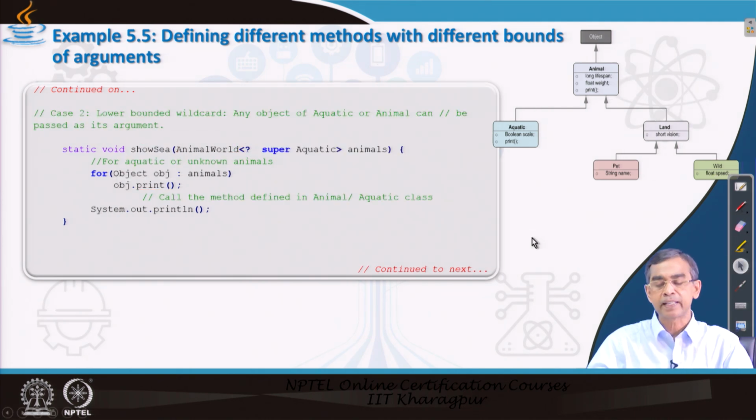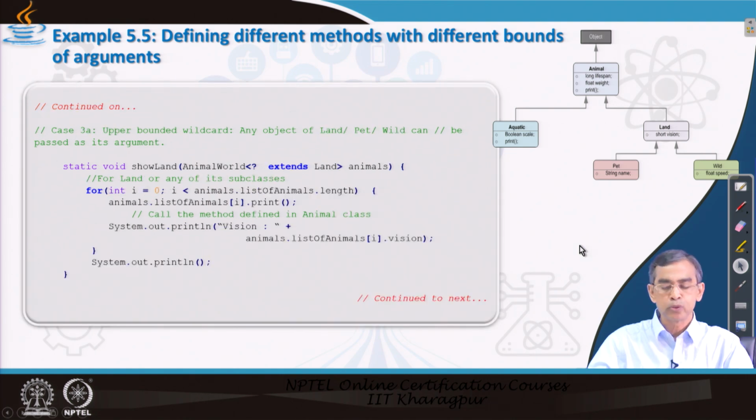Now, like vitality, we declare a few more methods, like showAquatic with AnimalWorld super Aquatic. This is an example where super means it is applicable to this class as well as its superclass. So, it is a lower bound argument that we have declared. Now, similarly, the other method belongs to Land.